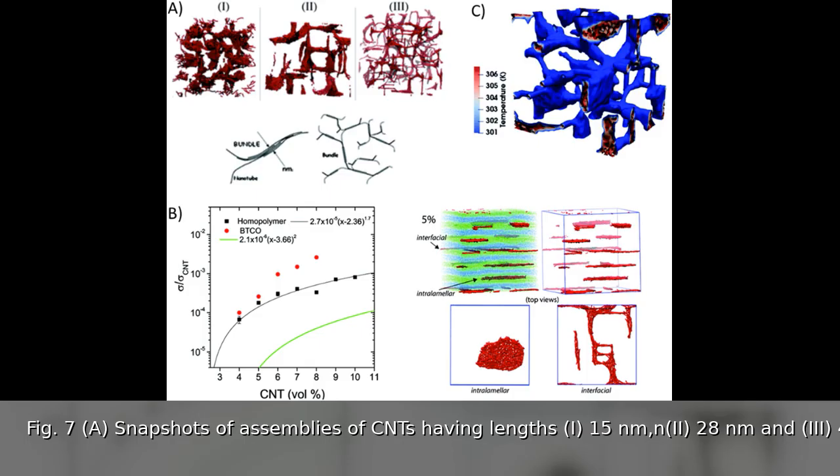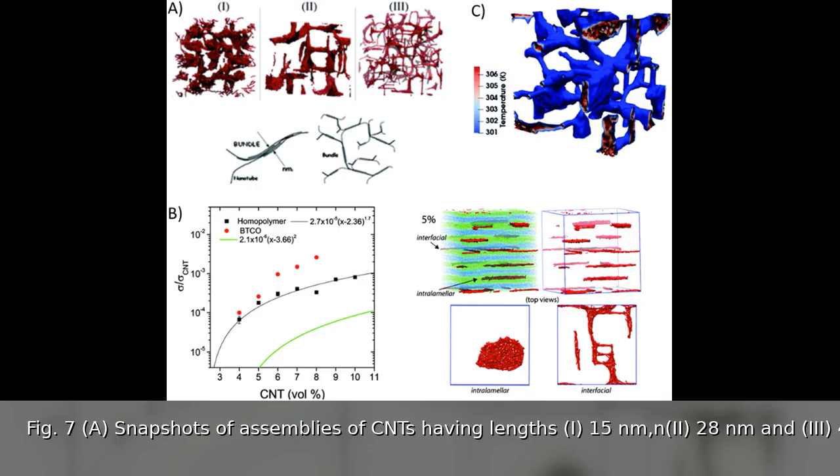Longer CNTs form dendritic structures with bundles connected by a few individual CNTs, matching experimental observations of a two-level multiscale assembly. The authors interpret these morphologies as consistent with experimental data on electrical percolation behavior, with conductivity power law exponents around 1.7 for kinetically percolated systems and near 2.0 for homogeneously dispersed CNTs.